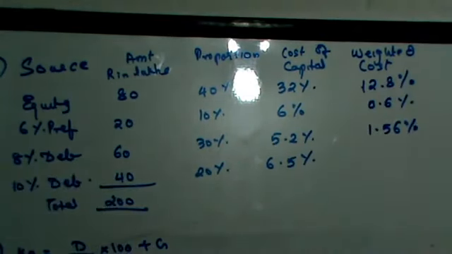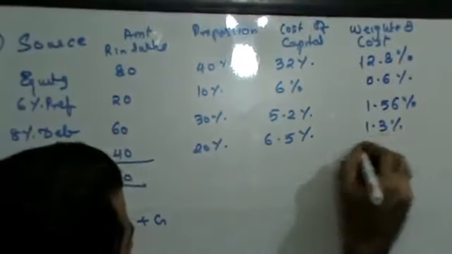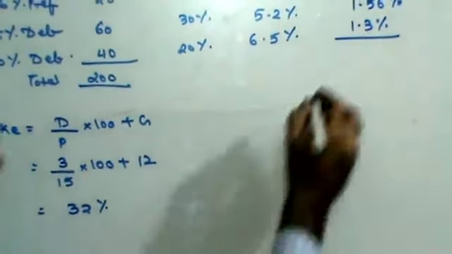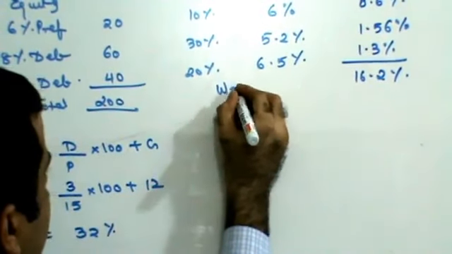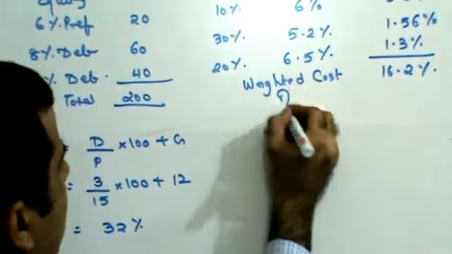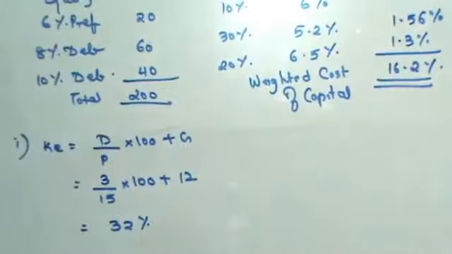And 20 into 6.5% is 1.3%. When you add all this, you will get 16.2%. This is going to be my weighted cost of capital.